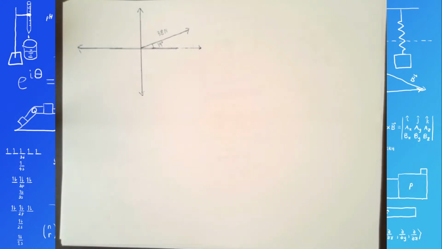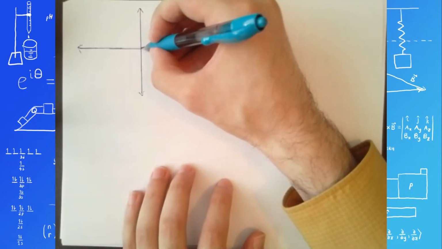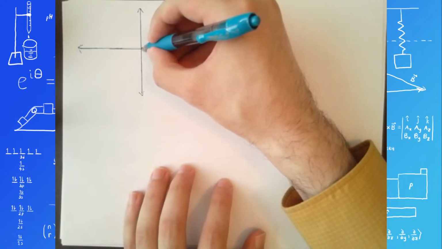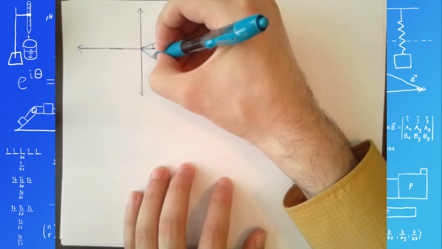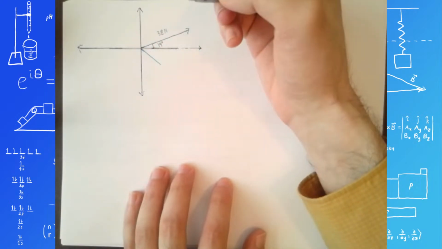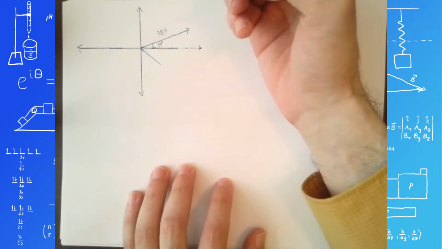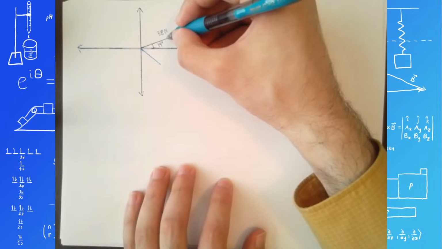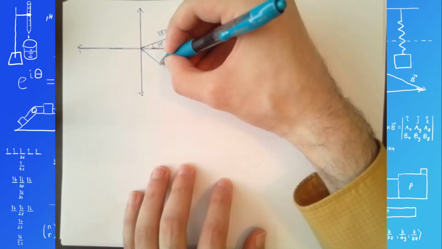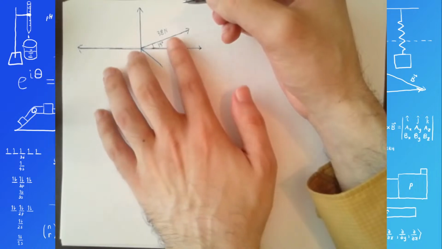Okay, so that's green, and then for blue we've got 22 at a 67-degree angle with the negative y-axis. So something like this. And it was 22, which is a little more than half this length.